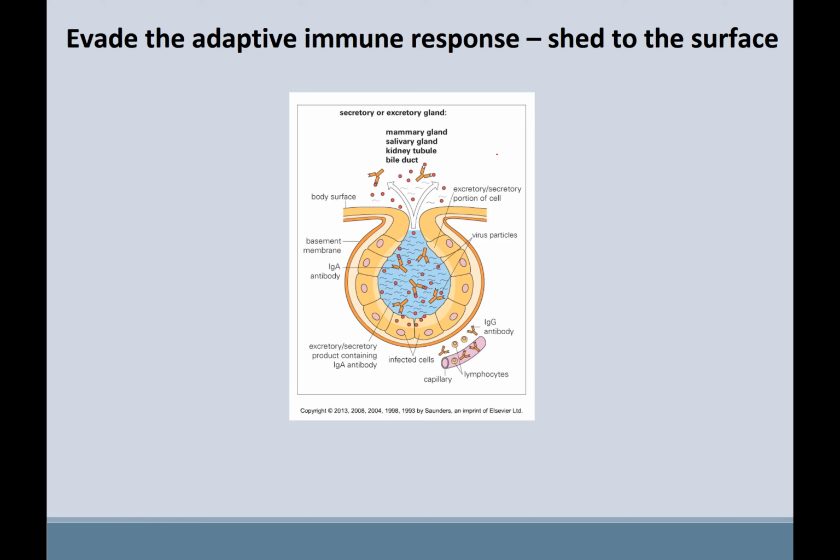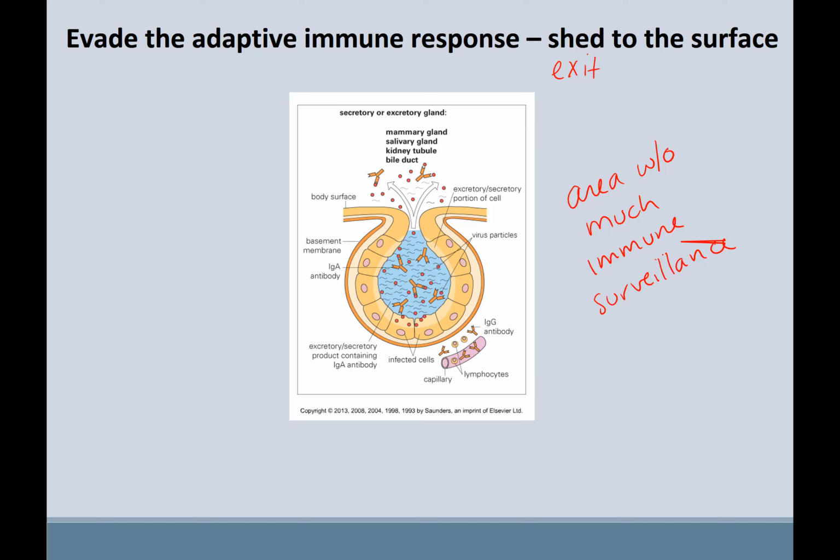You can evade the immune system by shedding to the surface, which, remember, shed is like exit. Okay. So again, you're in an area without much immune surveillance. So remember that your B cells and T cells are constantly going around through your blood, through some of the tissues.